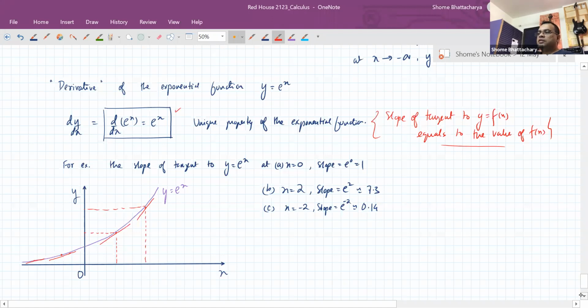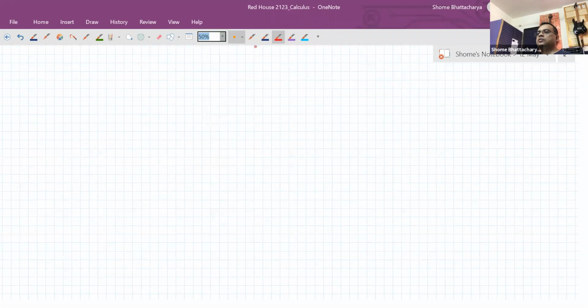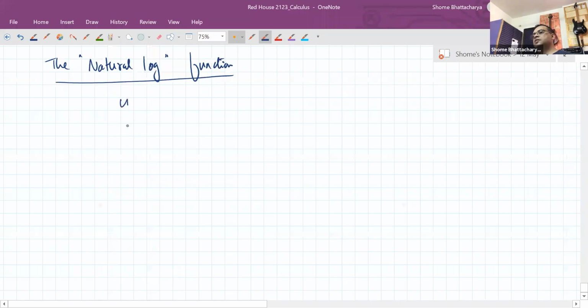Okay, and the final formula for derivative next we'll look at is the derivative for what we call the natural log function. So the natural log function is given by this symbol, but ln actually stands for log to the base e, where e is that exponential number that we discussed.